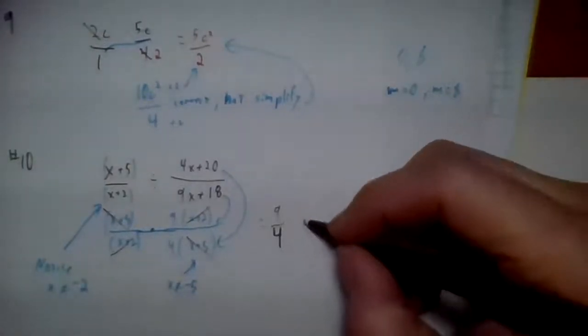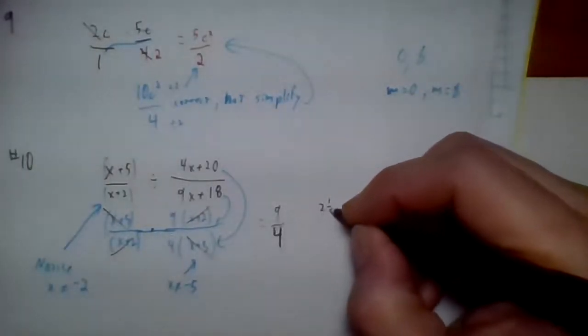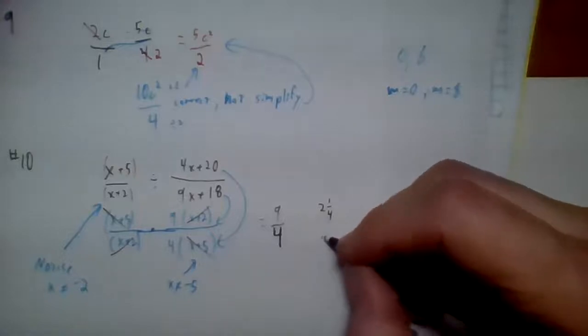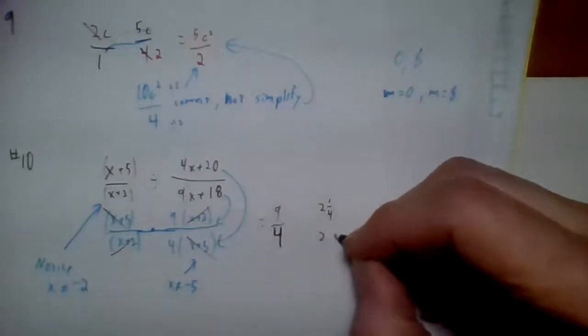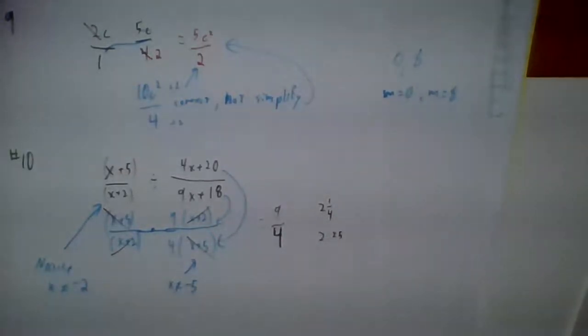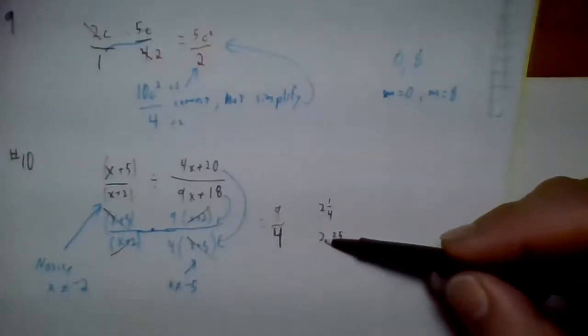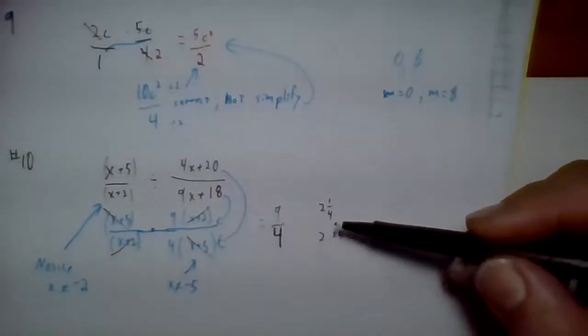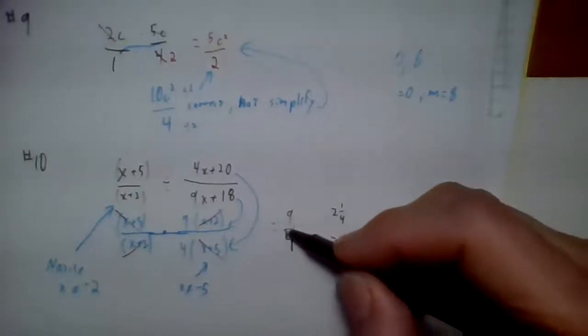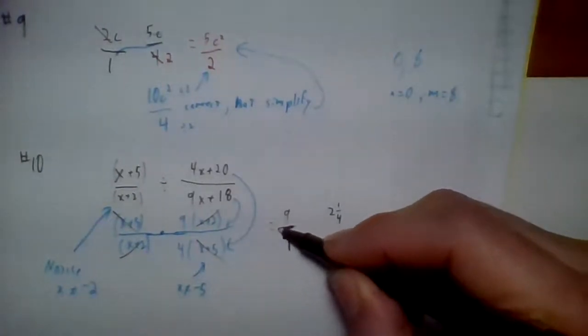Since I did get just a number here, I could write this different ways. 2 1/4 is the mixed number form of it, or you might get the decimal form, 2.25. But really for these things, since it's a rational expression, we're supposed to write it as a single fraction in the end, not with a whole number part. So for these kinds of problems, no, we don't want these other forms. We want a single numerator and denominator.